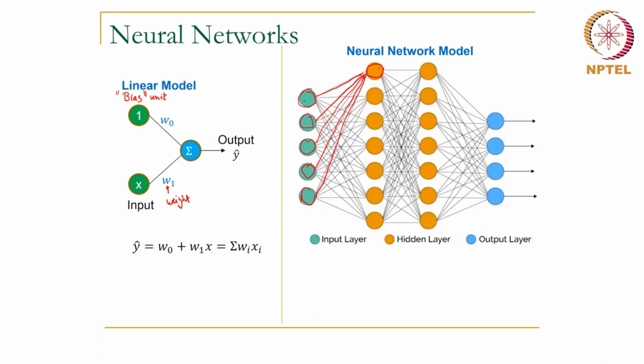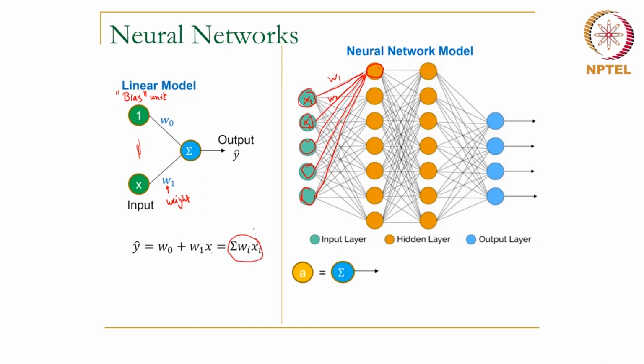If I have x1 here, I'll multiply it by w1. If I have x2 here, I'll multiply it by w2. Do all that and sum it up. Okay. Here on this side, we are going to do the same thing. Simply do sigma of wi xi.